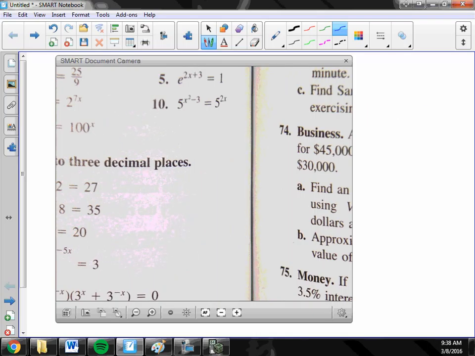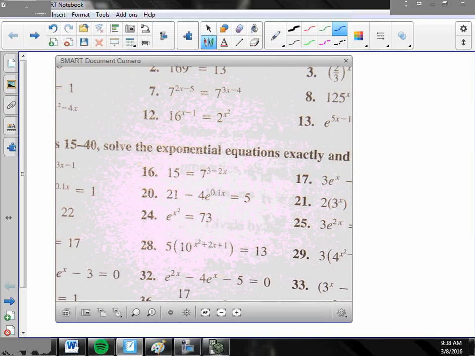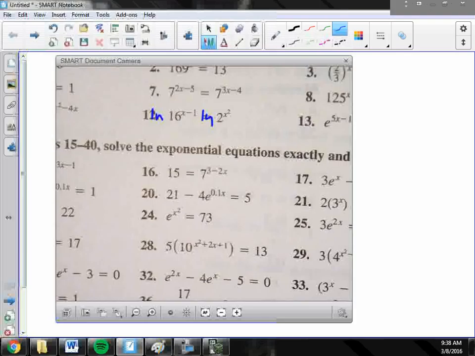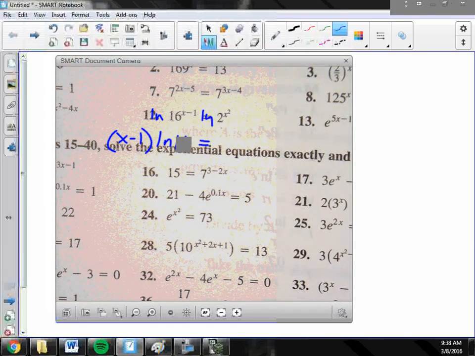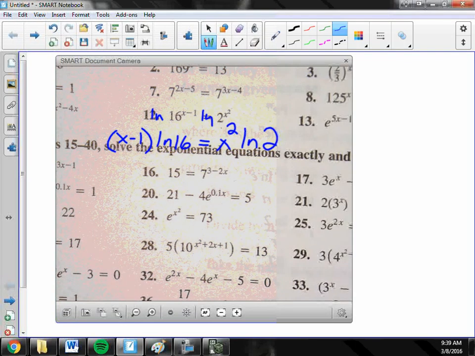All right, number 12. So we natural log both sides. (x minus 1) ln 16 is equal to x squared ln 2. Which one do I want to divide? I want to divide by the ln of 2.